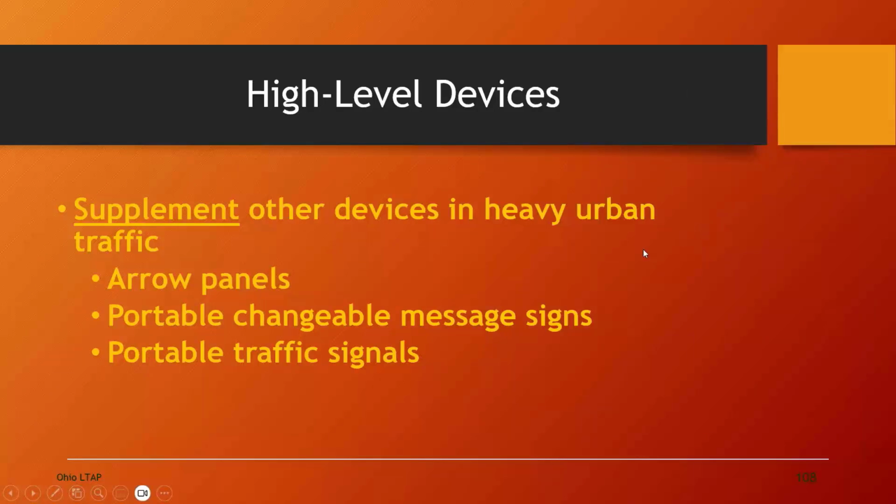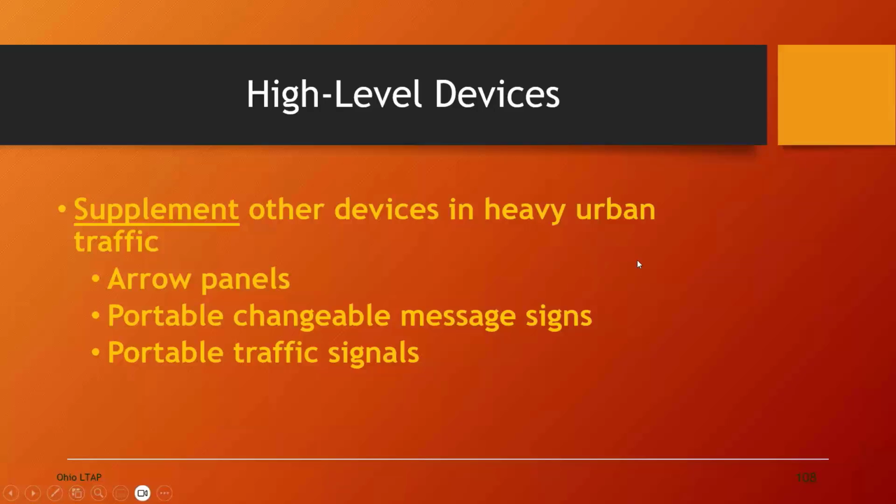And then when we happen to be working in what's called heavy urban traffic, we need some high-level devices to supplement our other devices. So if you work for a city, during rush hours and other situations, you're going to experience heavy urban traffic.